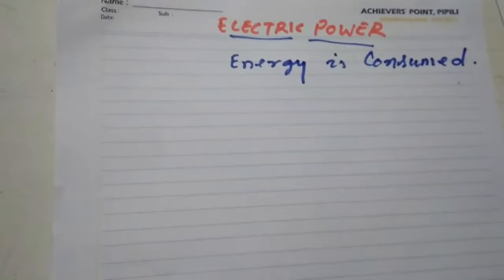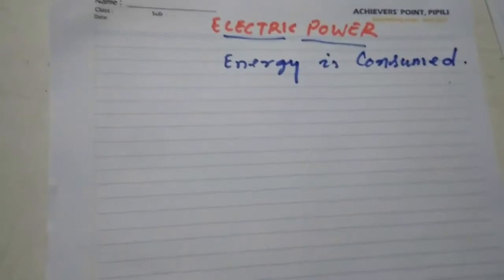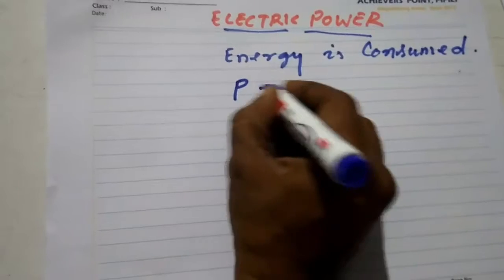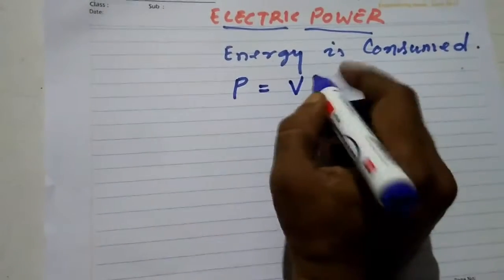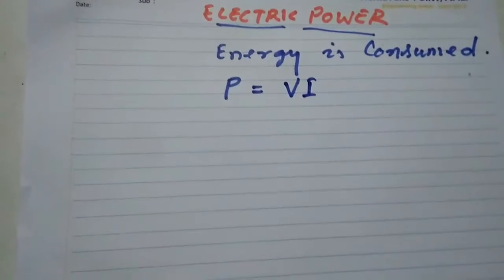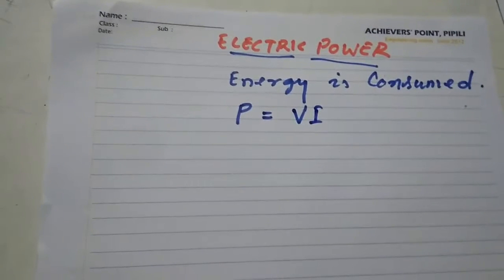This is also termed as electric power. So power P is given by the product of current and potential difference.